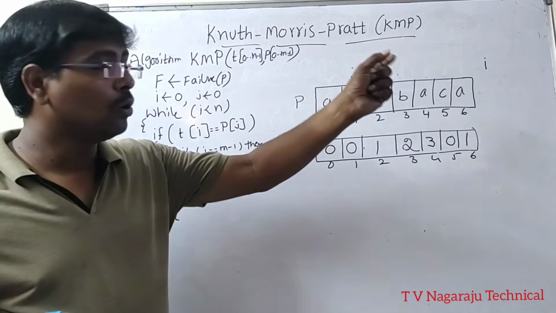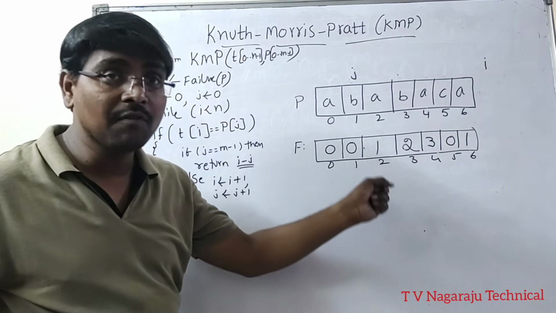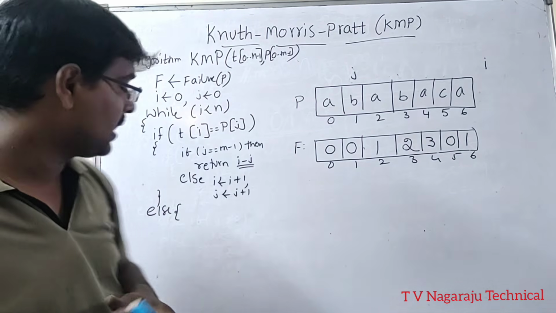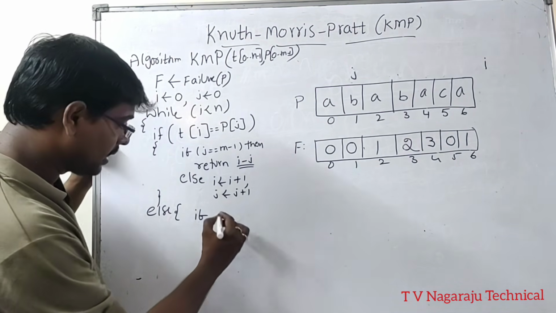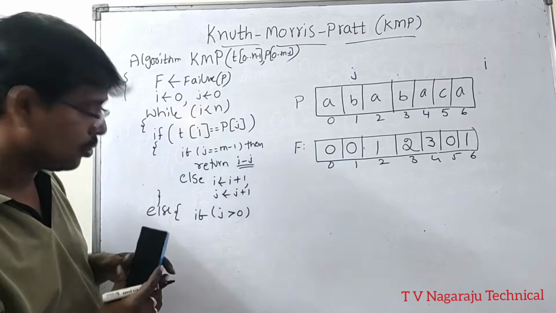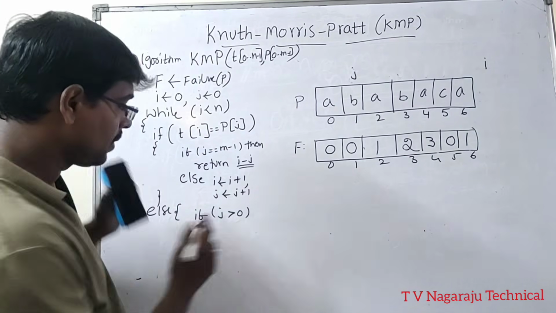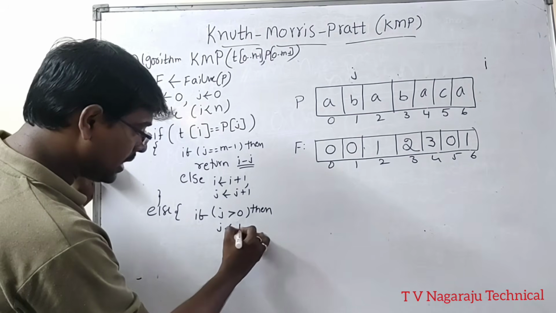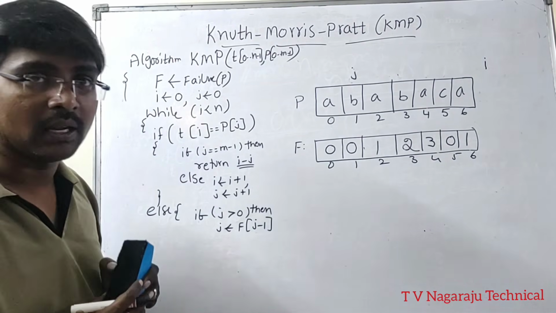You need to go through the LPS table. According to the values of the LPS table, you need to skip the comparison of the characters. Here we are checking one condition. If j value is greater than 0, the same logic as we wrote in the failure function: j is updated with the value of f of j minus 1.